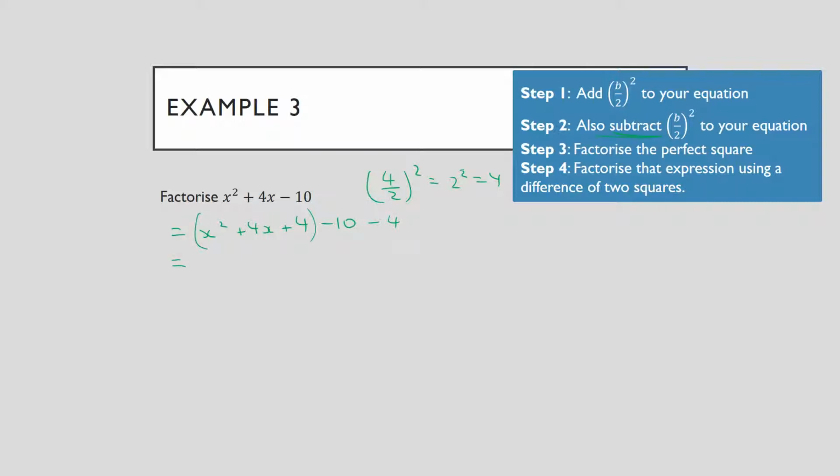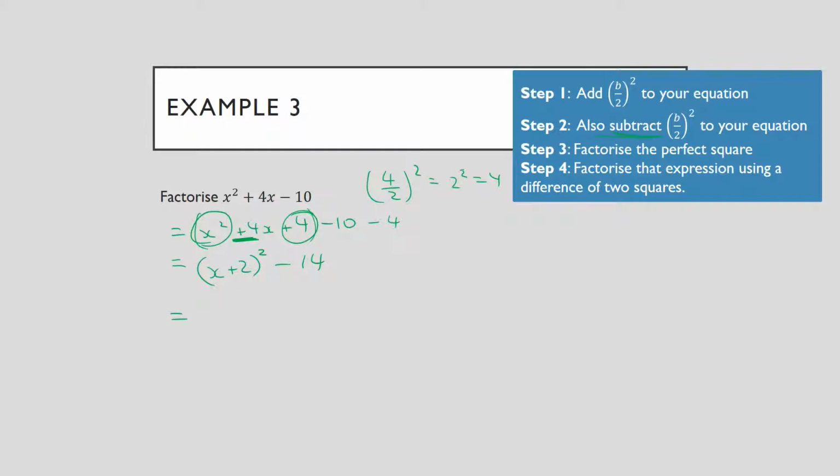Now again, we just consider the first part. So we're going to go x plus 2, because this one here is a plus, it's going to be a positive perfect square. And again, we work that out because this is our a squared term, so we know that a is going to be x. This is our b squared term, so we know that b is going to be 2. Then we can subtract 14.